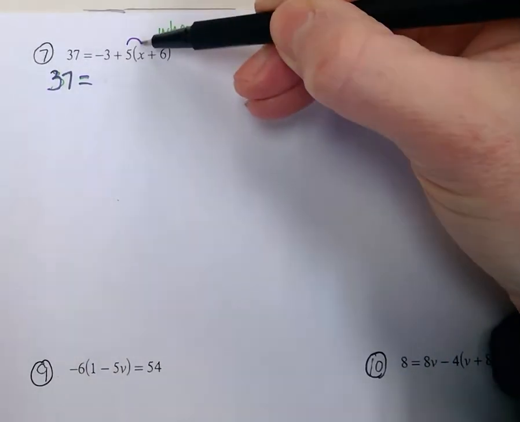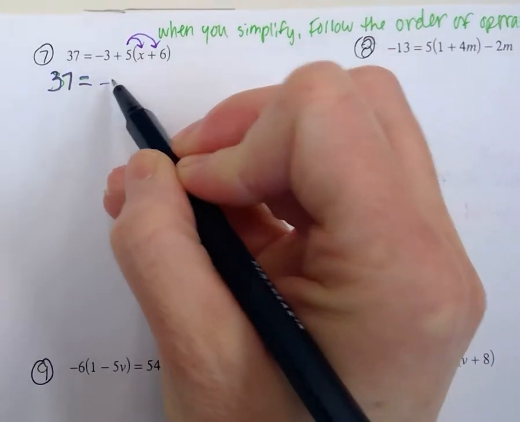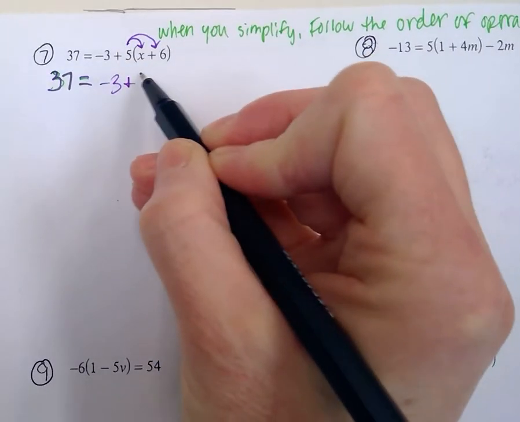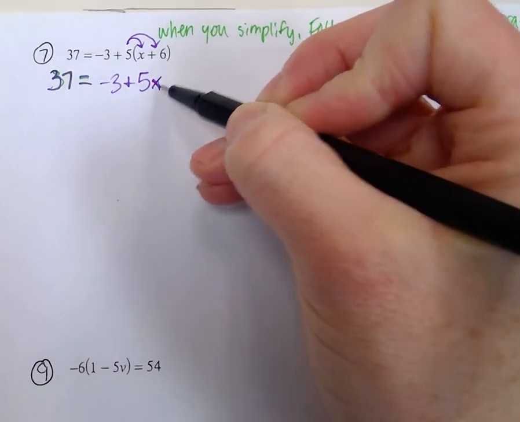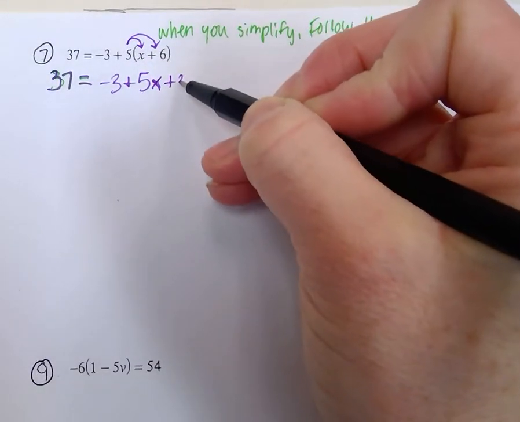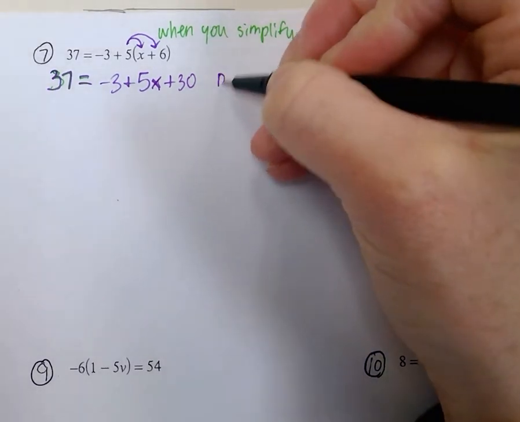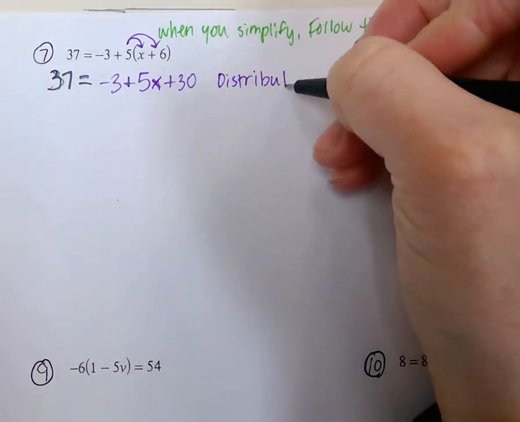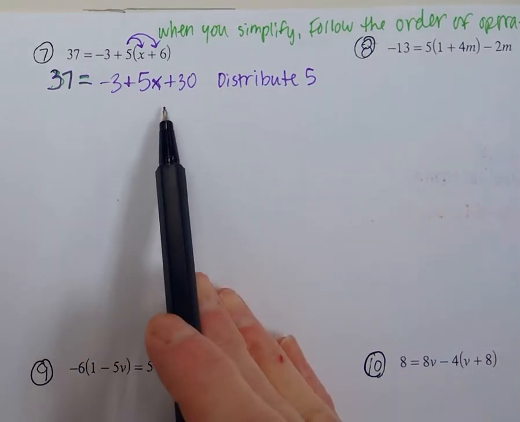We have to multiply first because we're following the order of operations. 5 times x is 5x. 5 times 6 is 30. Distribute 5 first.